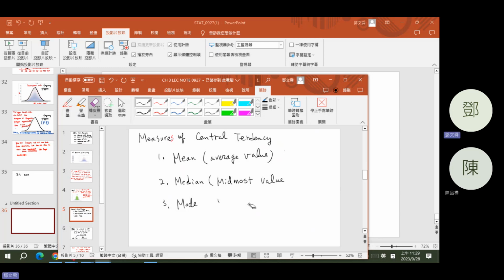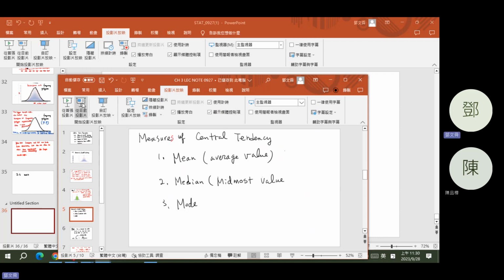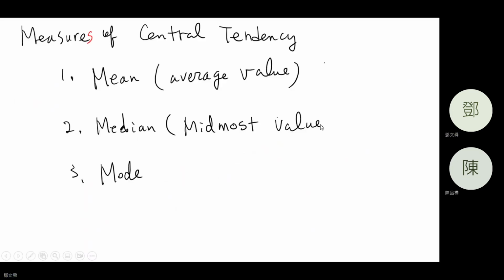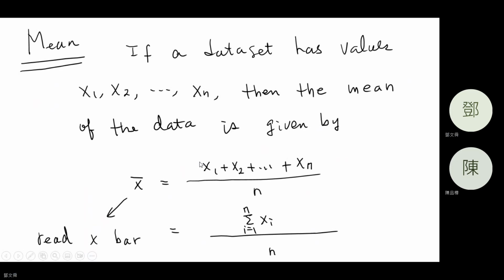So how to calculate the average value? Let's go to the first measure. The first measure is the average value. Mean.